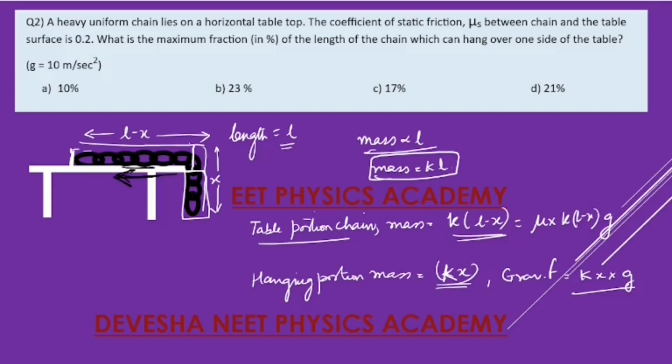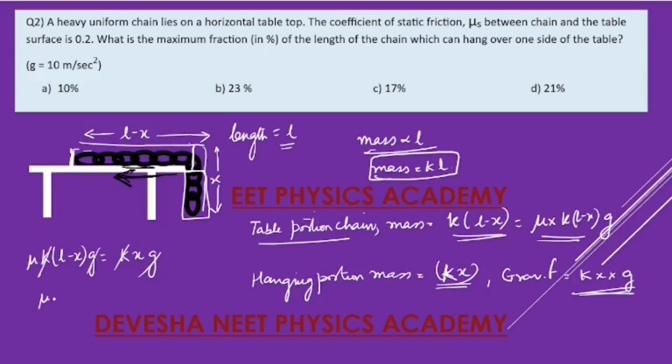Now, since they are in equilibrium, it means there is no movement, right? So it means the frictional force is equal to the gravitational force of this part, right? It means mu K into L minus X into G is equal to Kx G, okay? So now we start cancelling them.